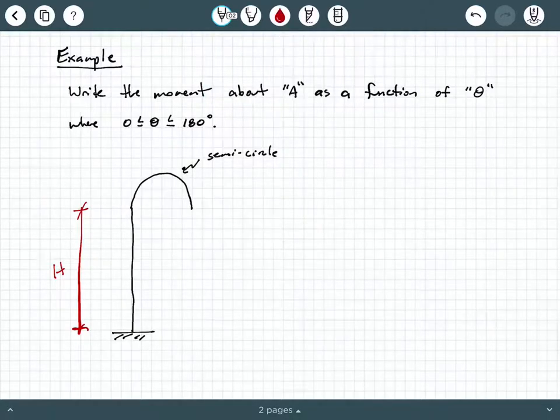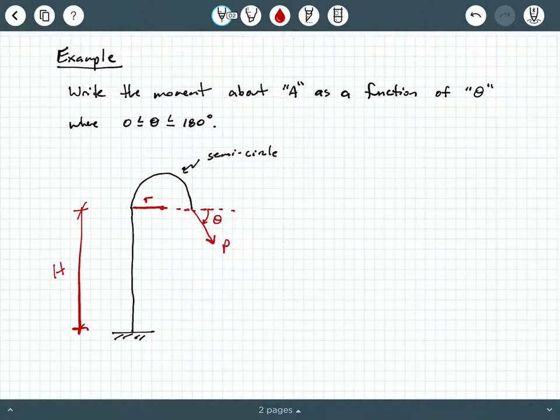Remember, a semicircle is a half circle. And that semicircle is going to have a radius of r. And the end of that semicircle is going to support a point load P, okay?